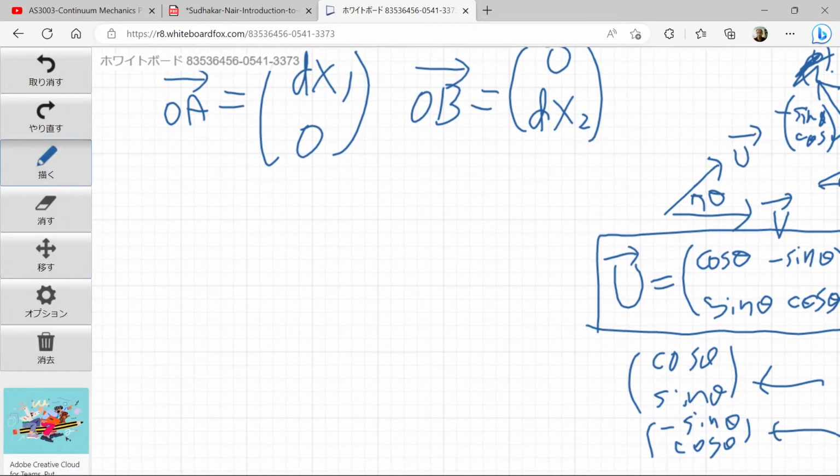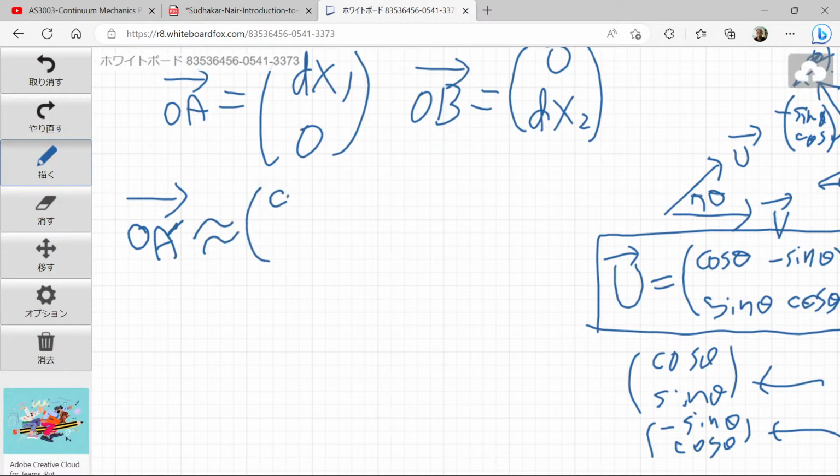So we have this OA. We regard this change, this deformation, as rotation. So OA is not exactly the same, but we consider the rotation.